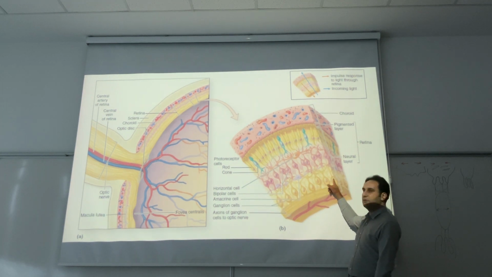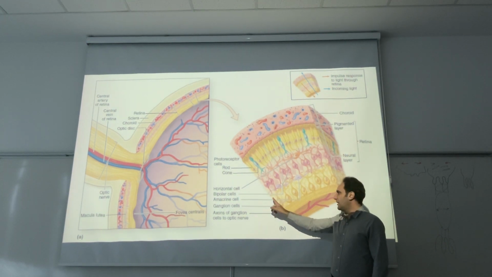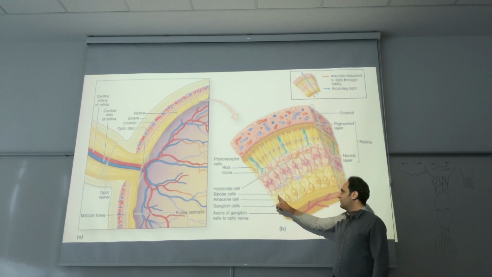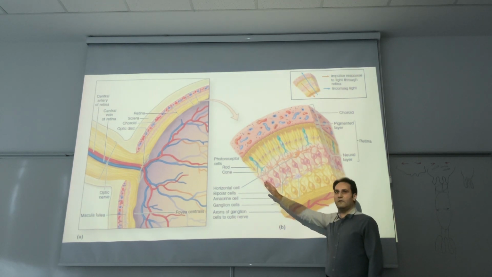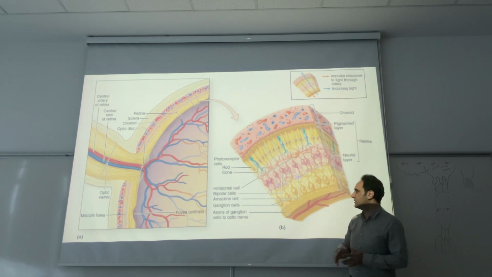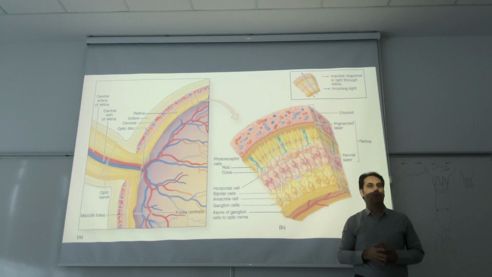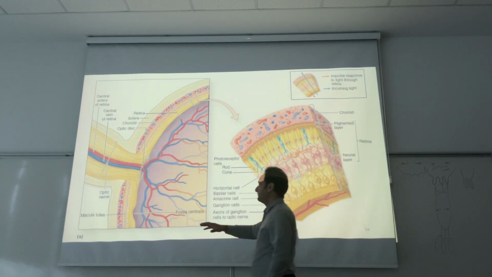Ganglion cells are present here. The axons of bipolar cells are connected with the dendrites of ganglion cells, and this connection leads to transfer of information related with light from bipolar cells to ganglion cells. Then the light information is transferred from ganglion cells via long axons to the central nervous system, with the optic nerve in this side.